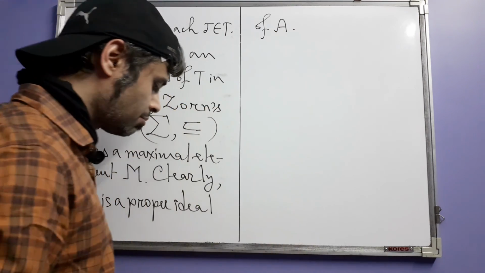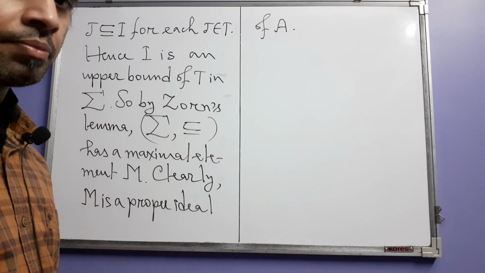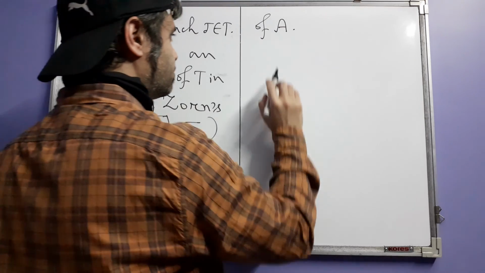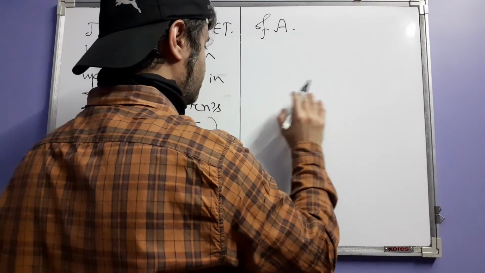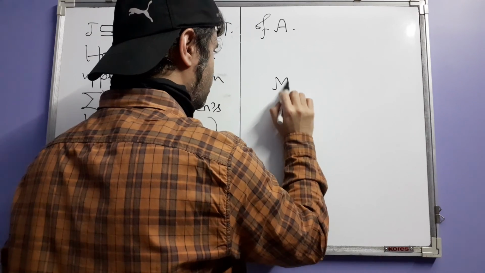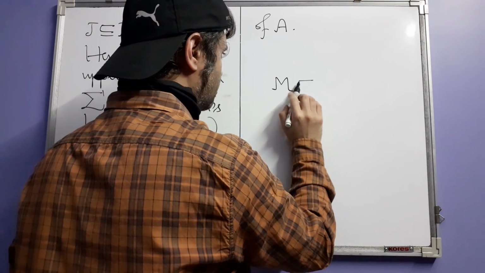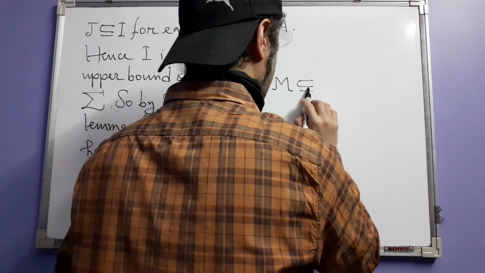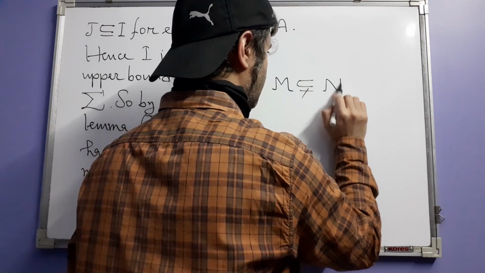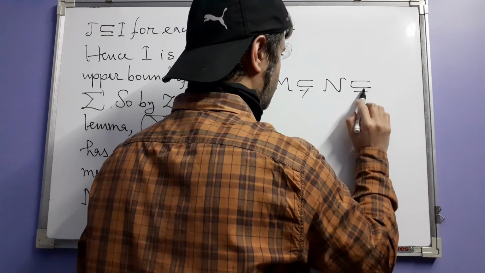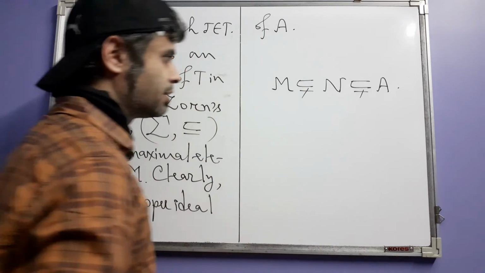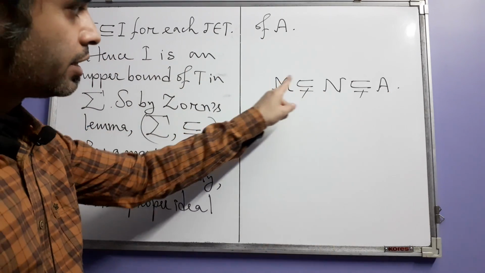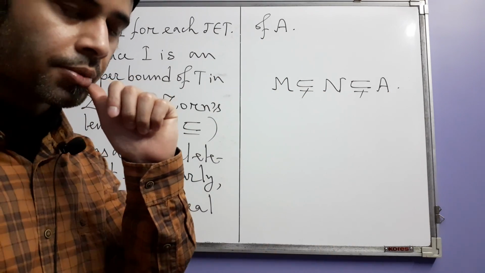But is M maximal? Suppose M is not maximal, then you have another ideal N of A, which is a proper ideal of A and which properly contains M. Is that possible?